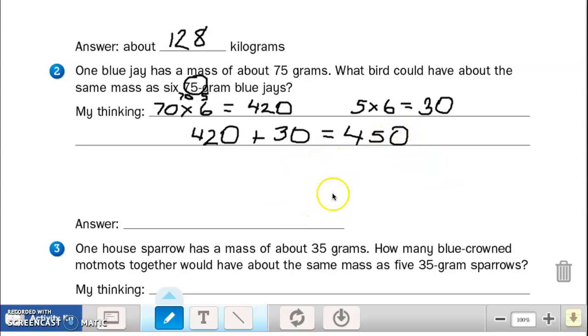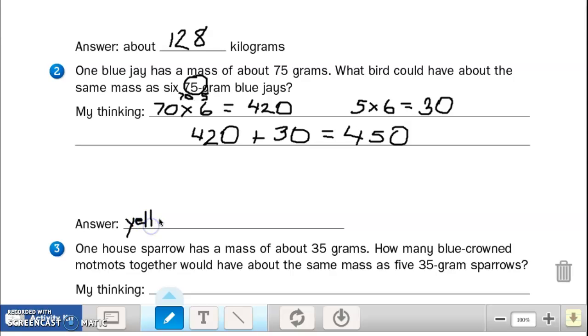Now, like I said, I'm not going to switch back and forth so you can see the picture, but I wanted to let you know that the yellow-headed parrot is 400 grams to 500 grams. So that would be about the same as those 6 blue jays. And the Atlantic puffin is 400 grams to 650 grams. So again, it's around that. So the answer would be the yellow-headed parrot.